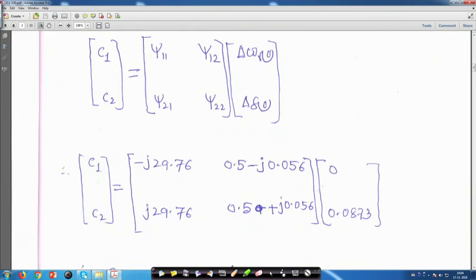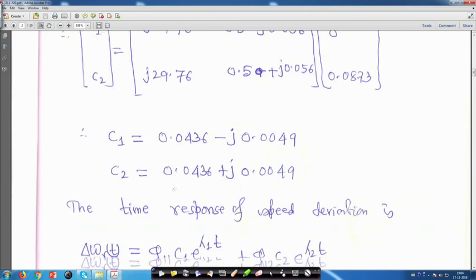We put these values and simplify, then you will get C 1 equal to 0.0436 minus j 0.0049 and C 2 equal to 0.0436 plus j 0.0049, right.